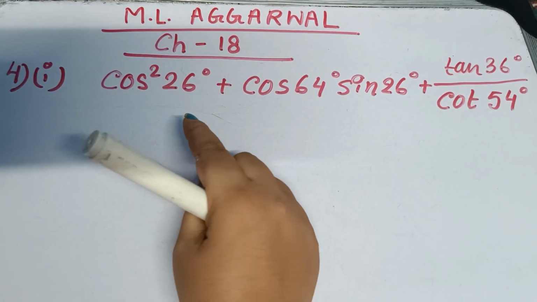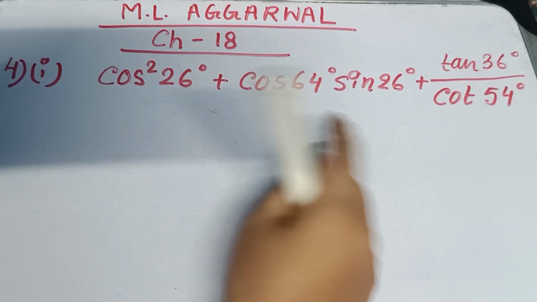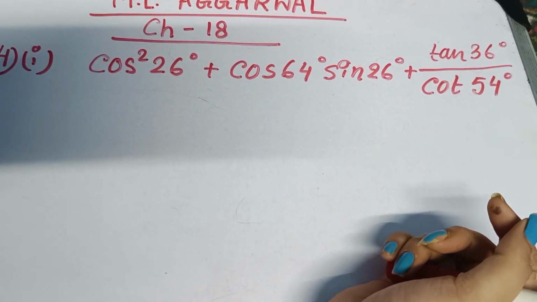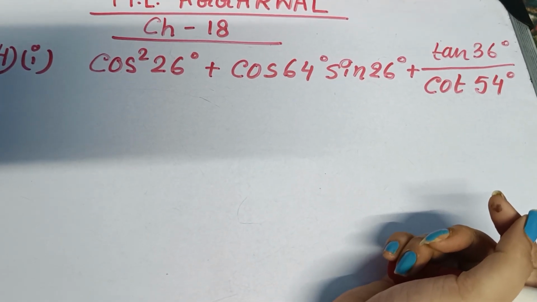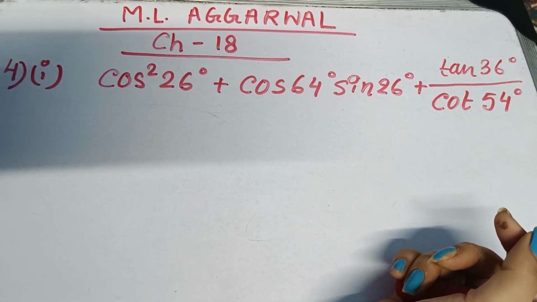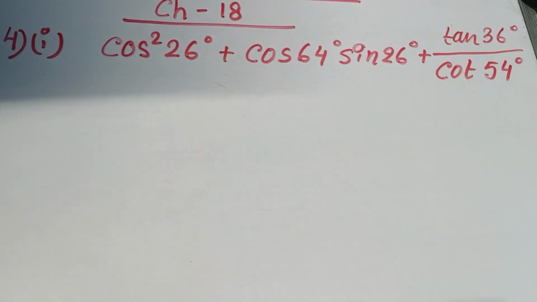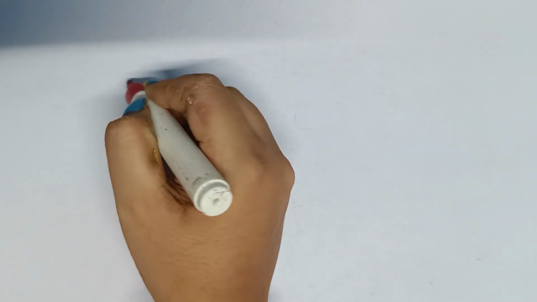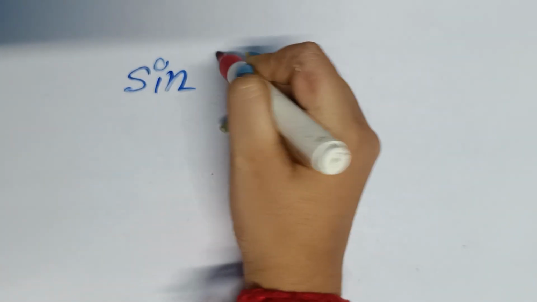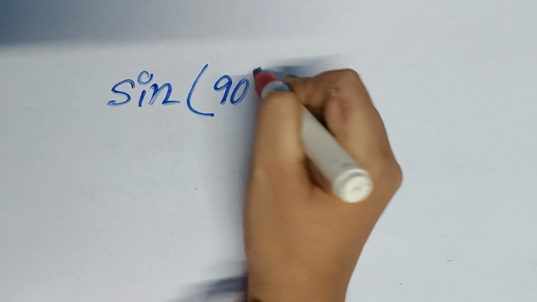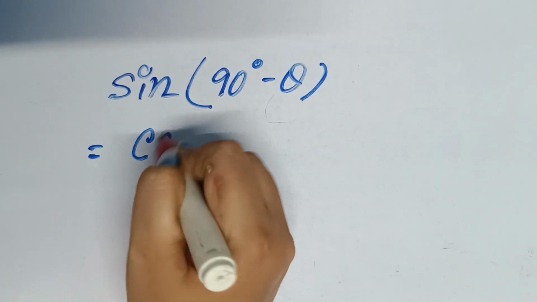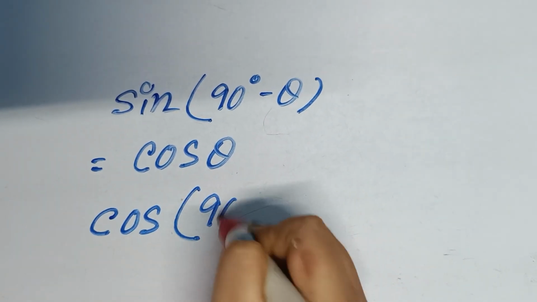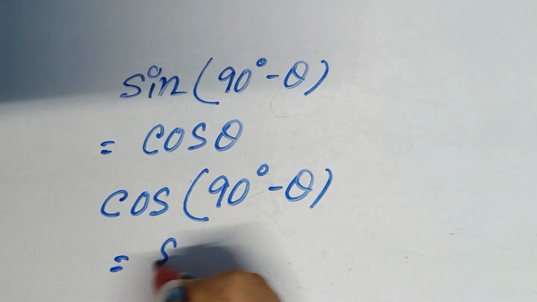Today we are going to discuss this one sum, chapter 18, question number 1. Students, for this sum we have to recall what I have already discussed in my shorts videos, the complementary angle properties. The property was that sin(90 degree minus theta) is equal to cos theta, and vice versa: cos(90 degree minus theta) is equal to sin theta.